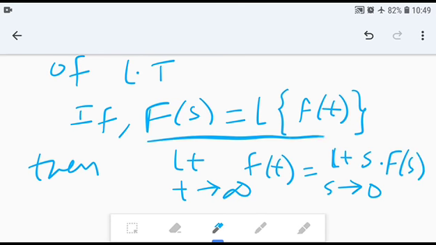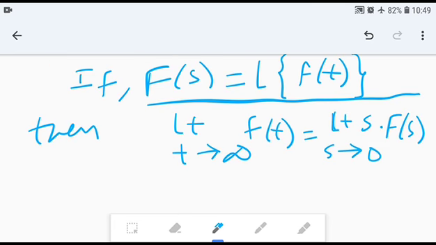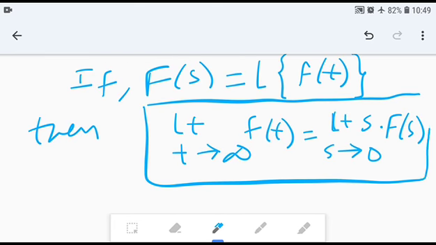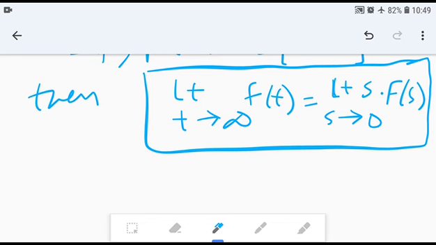This is the general statement of the final value theorem, which we are going to use in case of steady state error, so that we can easily obtain the frequency domain response.